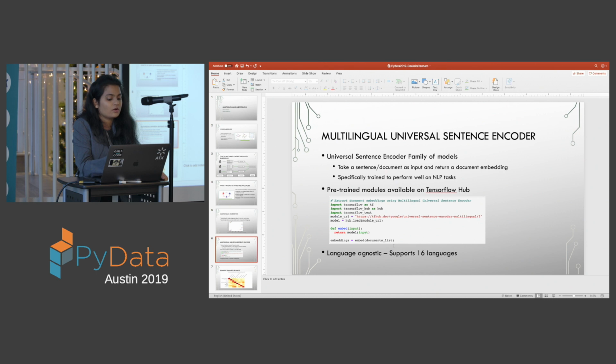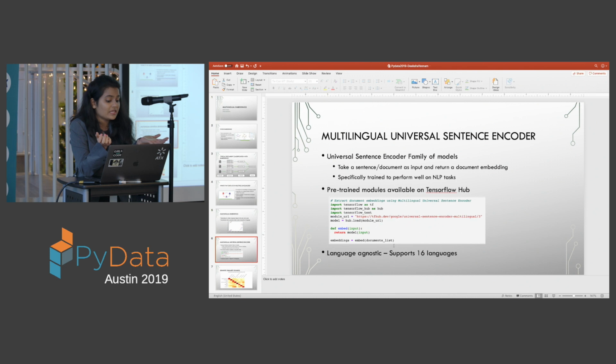In the case of the Multilingual Universal Sentence Encoder, they used a bunch of different data sets of pairs of sentences translated by humans, or sometimes even, I think, Google Translate, and then used that as training data to train this sentence encoder model.